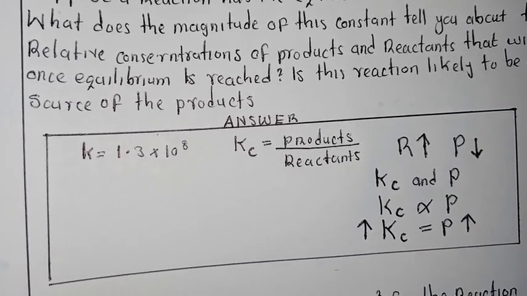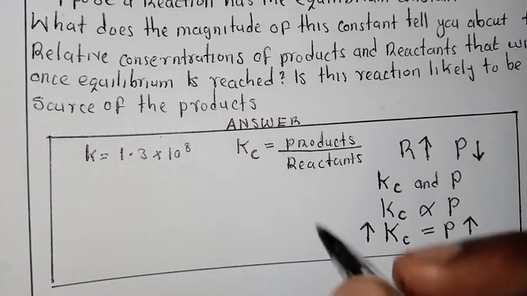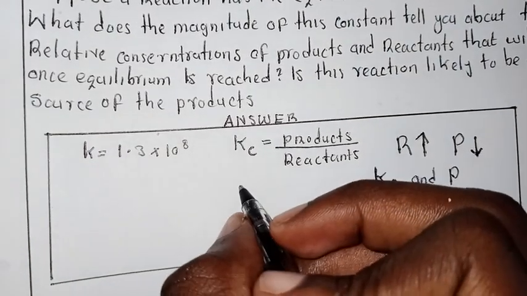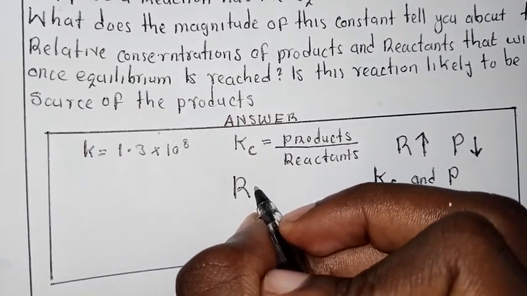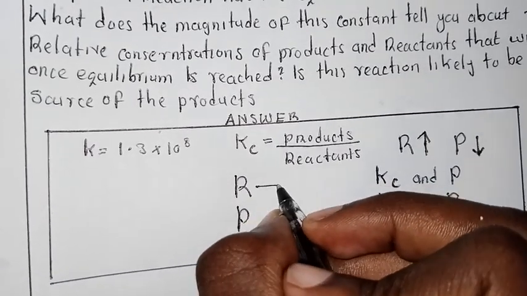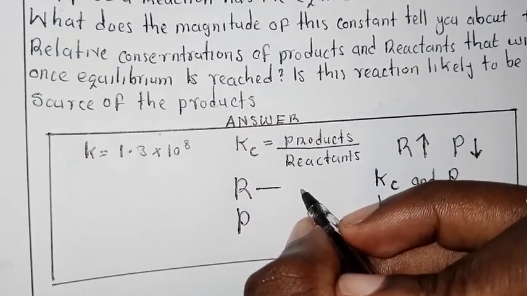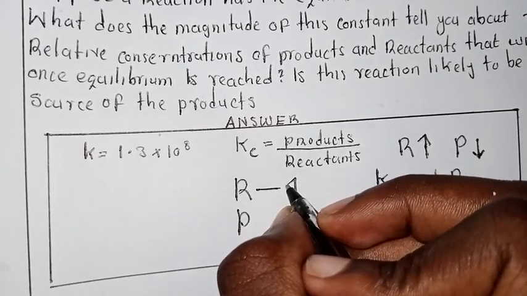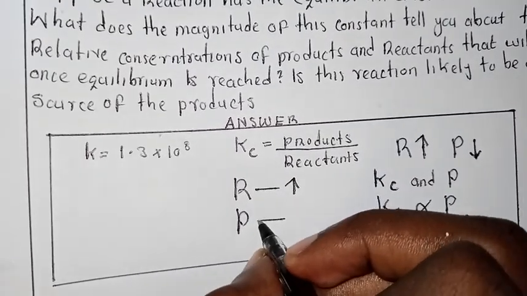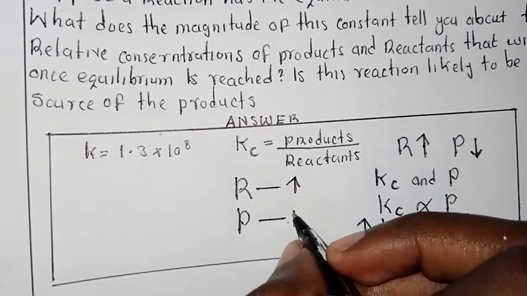The rate at which the reactants are being used up, so we have the reactants, products. The rate at which the reactants are being used up is very high, and the rate at which the products are being formed is very high as well.